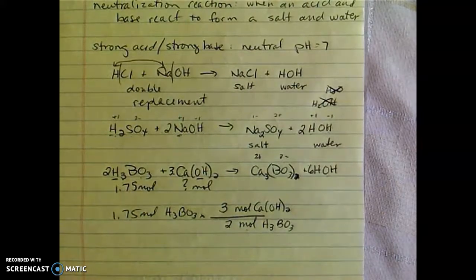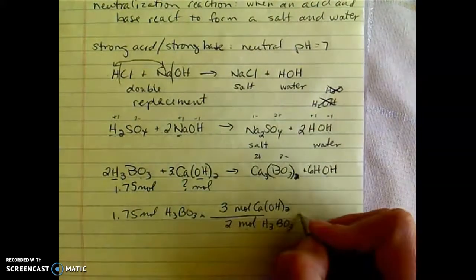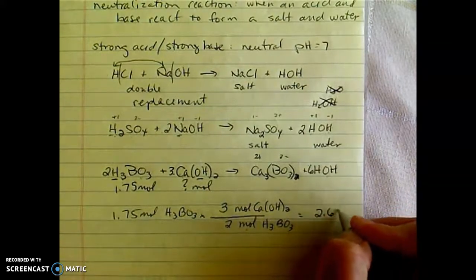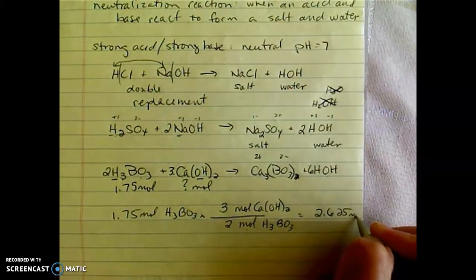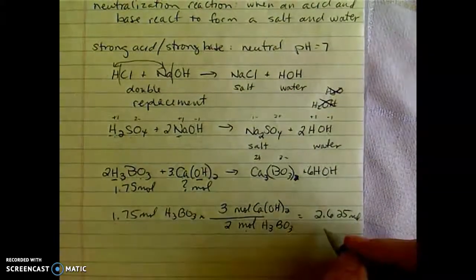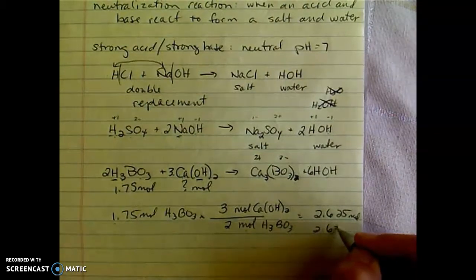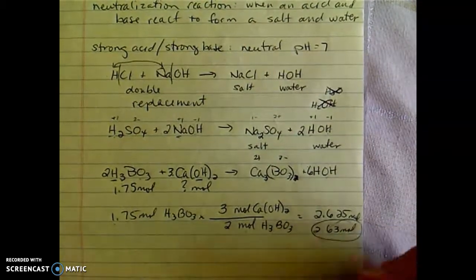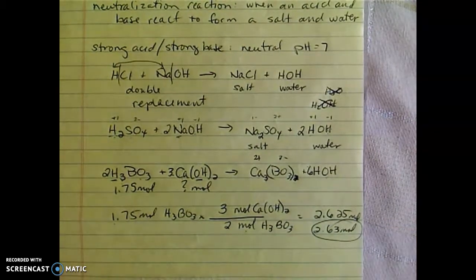So take your 1.75, times it by 3, and divide it by 2, and you get 2.625 moles. Significant digit-wise, you would just need 3, so 2.63 moles would be our answer. That's how many moles of calcium hydroxide you would need to neutralize 1.75 moles of boric acid.